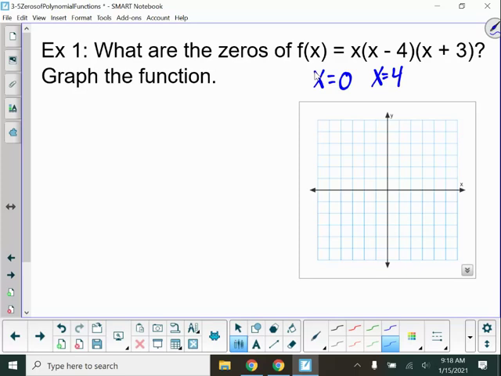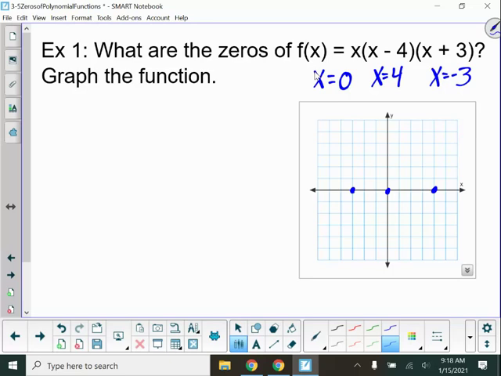I get 4 by setting the x minus 4 equal to 0 and solving. And then I get negative 3 by setting the x plus 3 equal to 0 and solving. So I know that I can place those values on a graph.